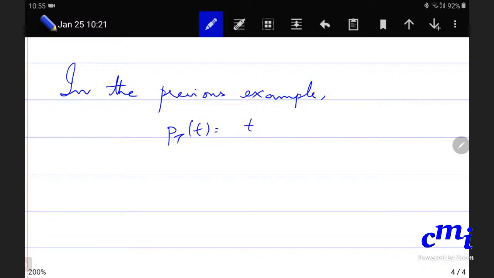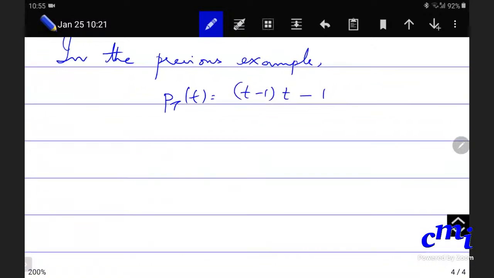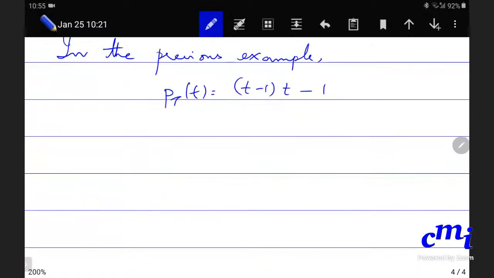Okay. So in the example, p of t was t minus 1, t minus 1. It's easy to check the following.